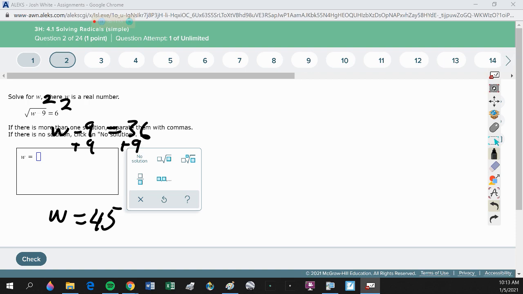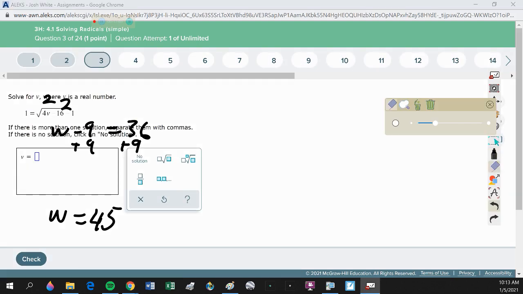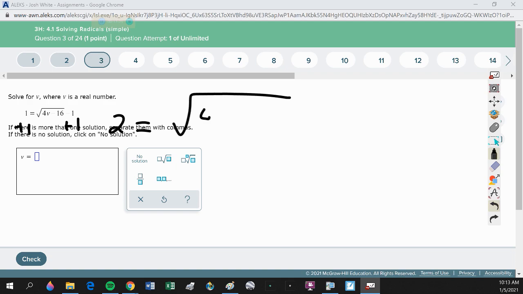Okay. Is this one going to have a solution? Yes. What's my first step? Add 1, and I get the square root of 4v minus 16 equals 1, so equals 2. So 2 equals the square root of 4v minus 16.